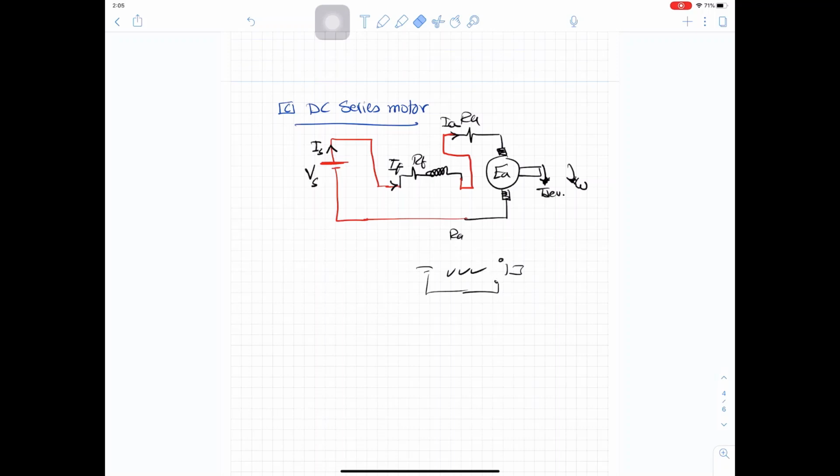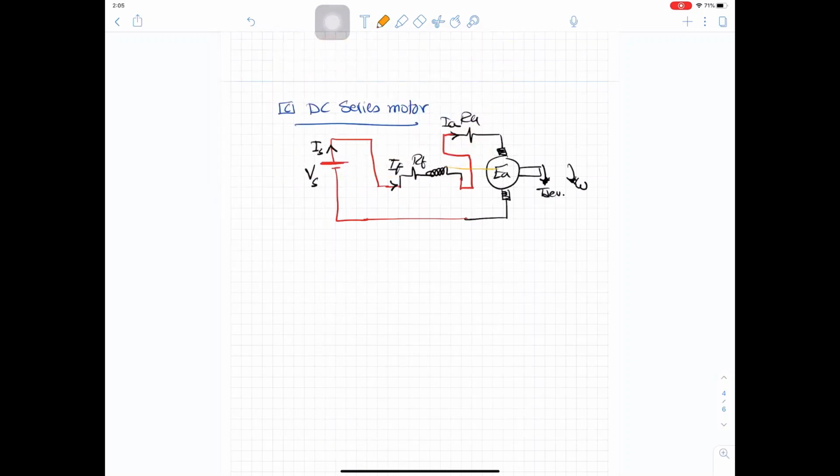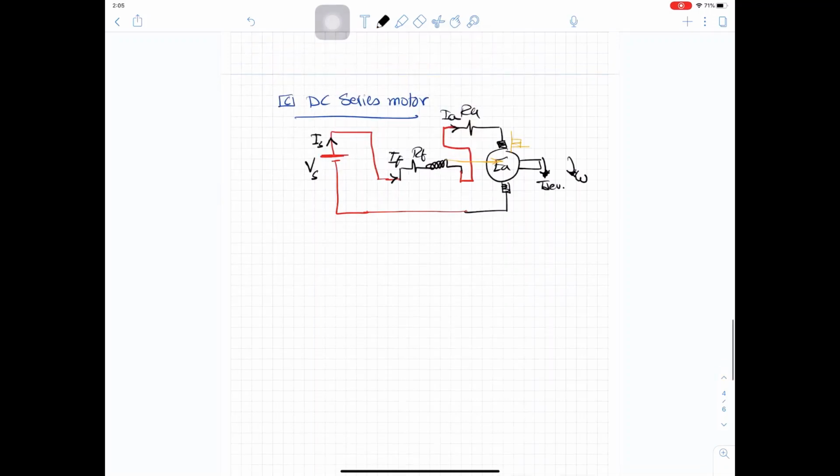But as an electrical machine guy, I always sketch the field making a 90-degree with the brushes. Now the equations we have in terms of machine equations: EA equal to K motor I field omega, or equal to K motor IA omega.